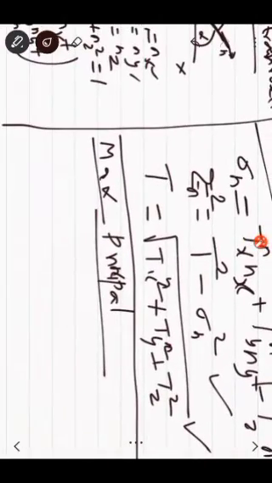The maximum stress is the principal stress. So for the principal stress, what is the formula? You have to determine sigma 1, sigma 2, sigma 3. So how to determine sigma 1, sigma 2, sigma 3?